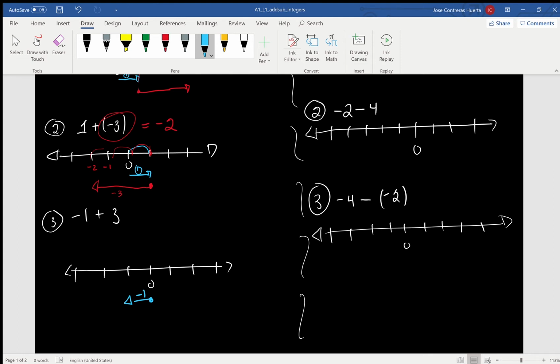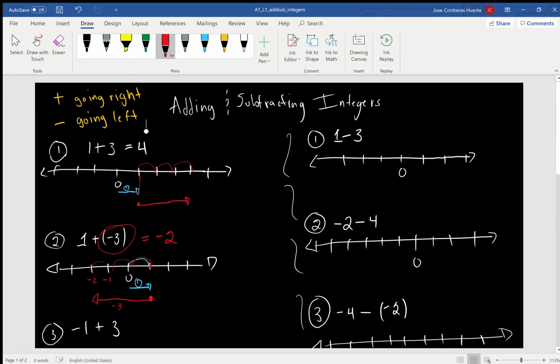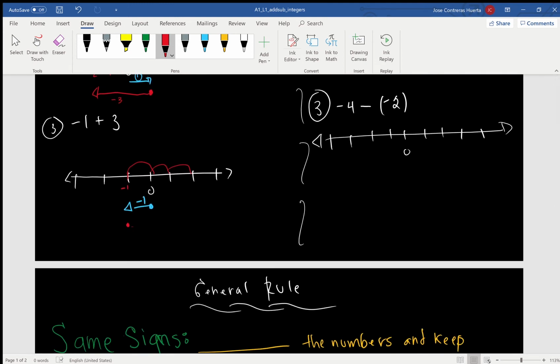Now, starting from where I left off, at negative 1, I move a distance of 3: 1, 2, 3. My distance of 3 stops here, and this is going to be my answer. This is positive 1, and this is positive 2. So my answer is 2.